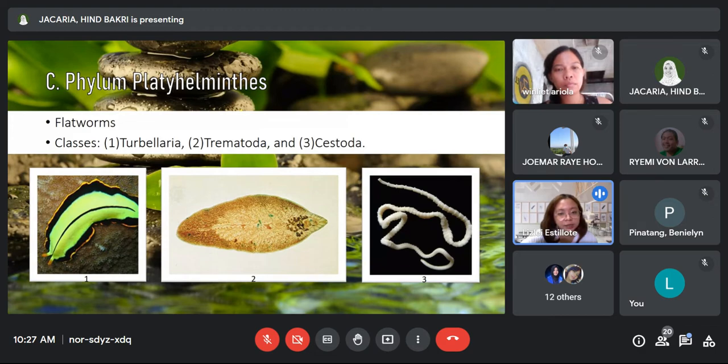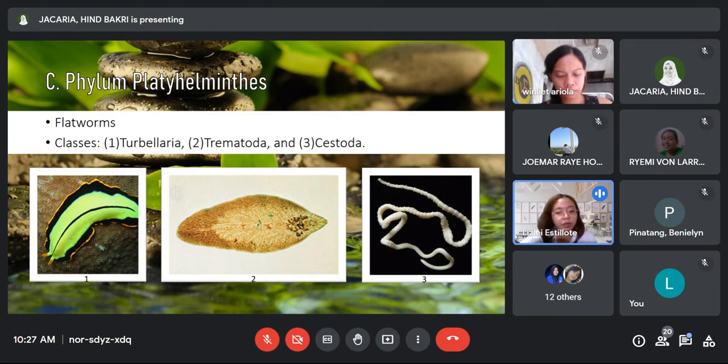Last is the class Cestoda. They are extremely endoparasitic with no digestive tract, and the body is covered with cuticle that also lacks cilia, and its flattened body usually forms into many short sections, hence named tapeworms.